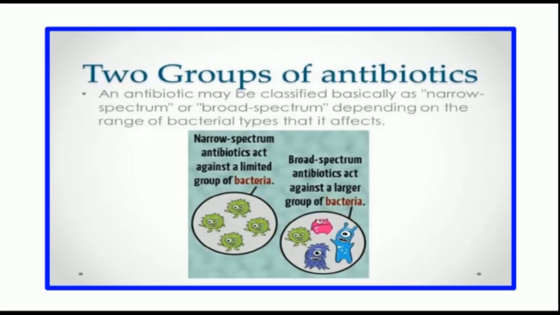There are two groups of antibiotics which you have learnt in Standard 9. They are classified as narrow spectrum or broad spectrum. Narrow spectrum antibiotics act against a limited group of bacteria, but broad spectrum antibiotics act against a larger group of bacteria.